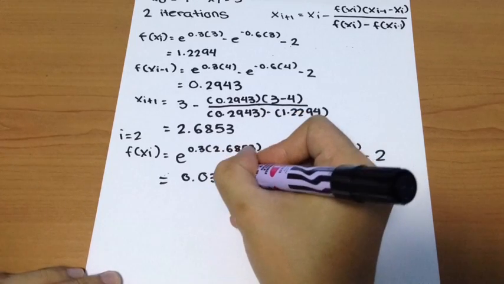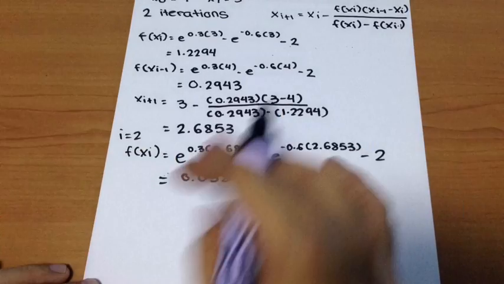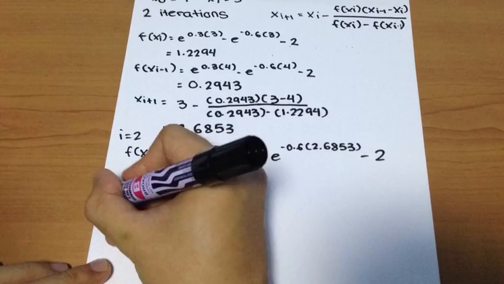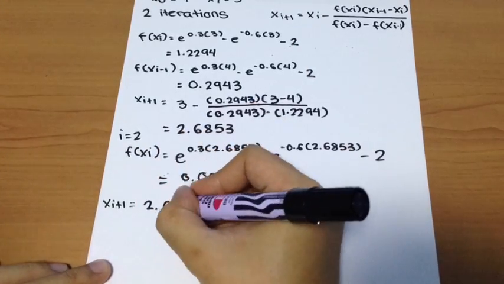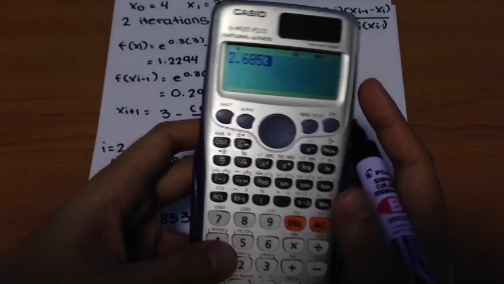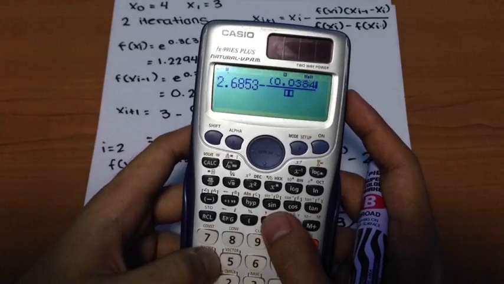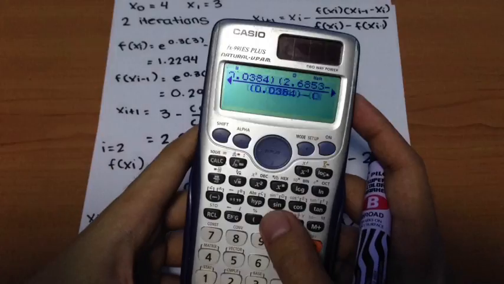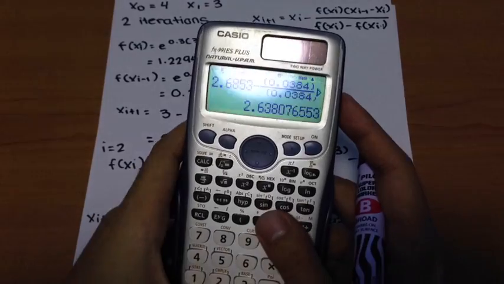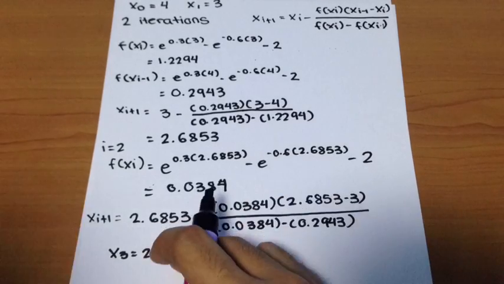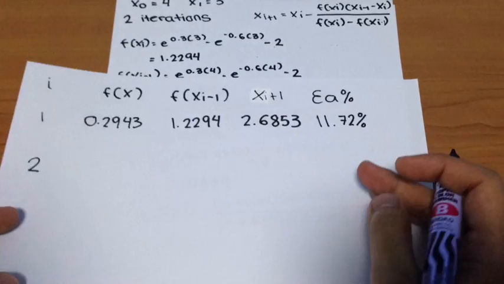And we substitute those values again on our general formula. And we compute for the value, which is 2.6381, and we write that down on our table.